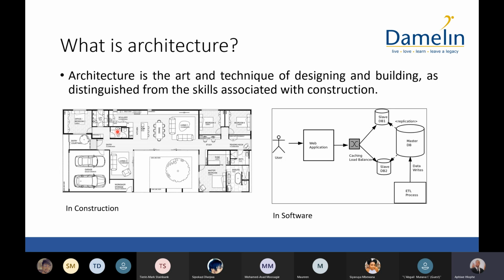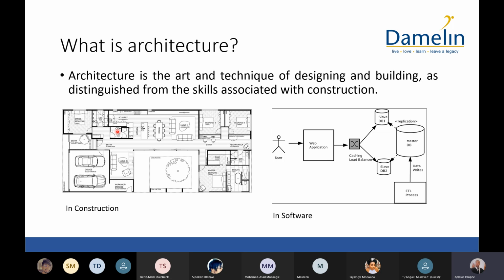In construction, the architecture ultimately determines the design of the house. It determines what kind of windows you're going to be using, what kind of doors, how many bedrooms you're going to have. It defines how the house would be structured and look.